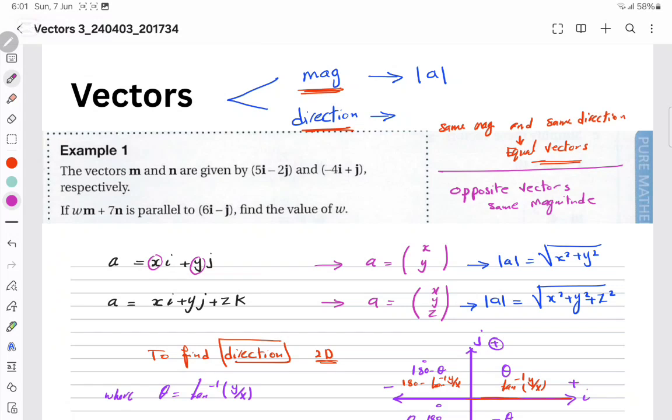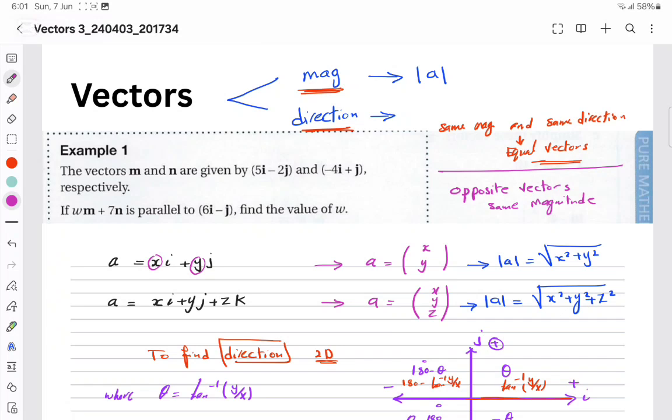So it looks like the conjugate in complex numbers. For example, if I have the vector 3i plus 4j, the opposite vector will be 3i minus 4j. We change the sign of j. So opposite vectors are like the conjugate in complex numbers.